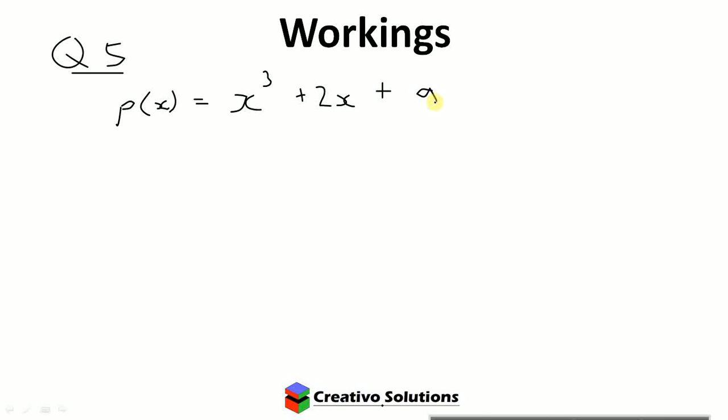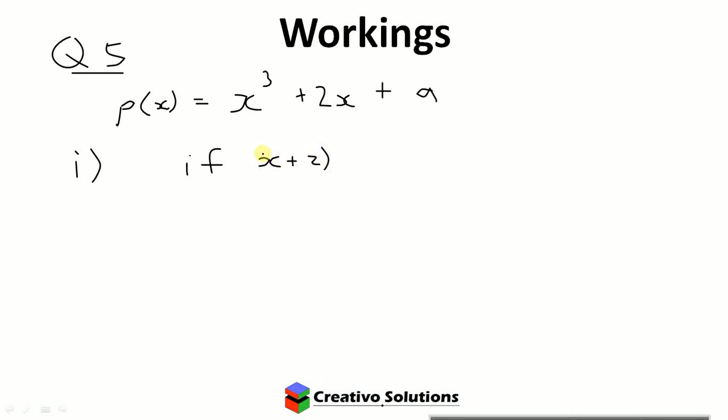Then for question 5.1, they tell you that x plus 2 is a factor. If it's a factor, do we get 0? Yes, we do. So if x plus 2 is a factor, what does that tell you about the polynomial?